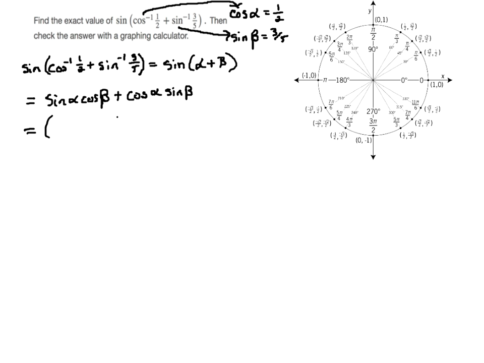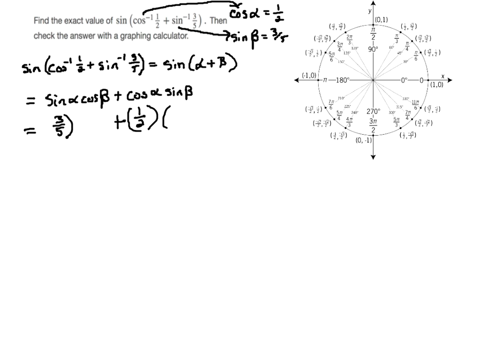Well, I know that the sine of alpha is 3/5. The cosine of beta, I don't have yet. Plus, well, I know the cosine of alpha is 1/2, but I don't know the sine of alpha. I know the sine of beta. Let me move this.